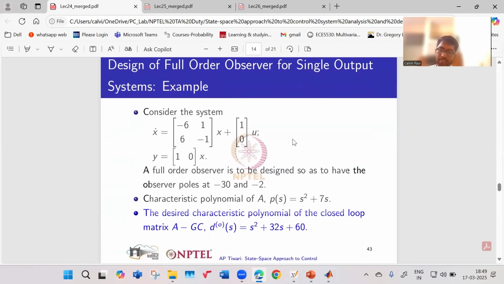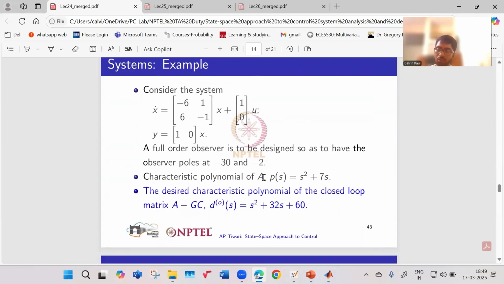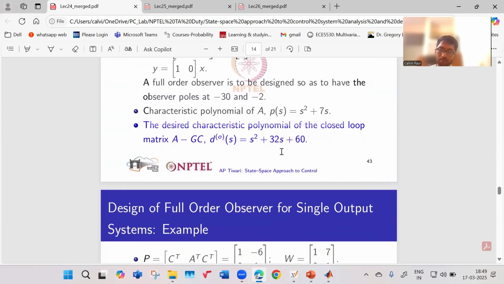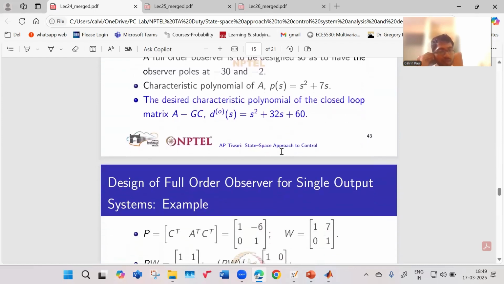And this is an example similar to the one which we have considered. These are the characteristic polynomial and the desired characteristic polynomial of the matrix A minus GC.